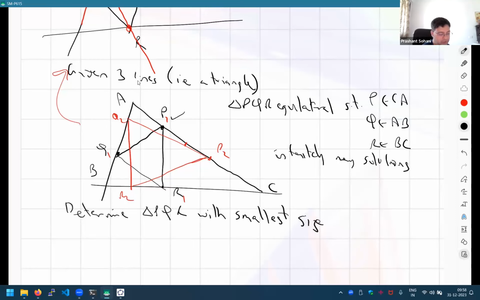Okay, so let us say we want to go with the angle approach. So roughly speaking, let me just put the point O somewhere over here. We don't know where it is located, but I'm just placing it somewhere.